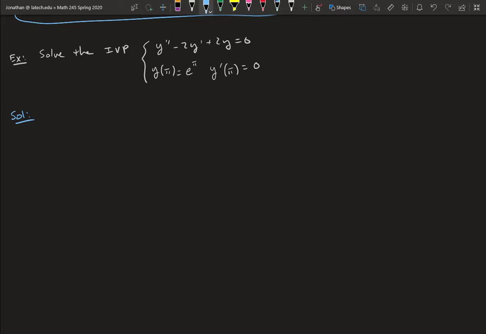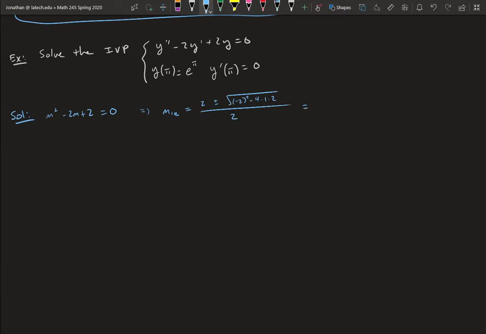Go straight to the characteristic equation, m squared minus 2m plus 2 equals 0. And then get our roots, m1, 2 equals 2 plus or minus square root of negative 2 squared minus 4 times 1 times 2, all over 2.